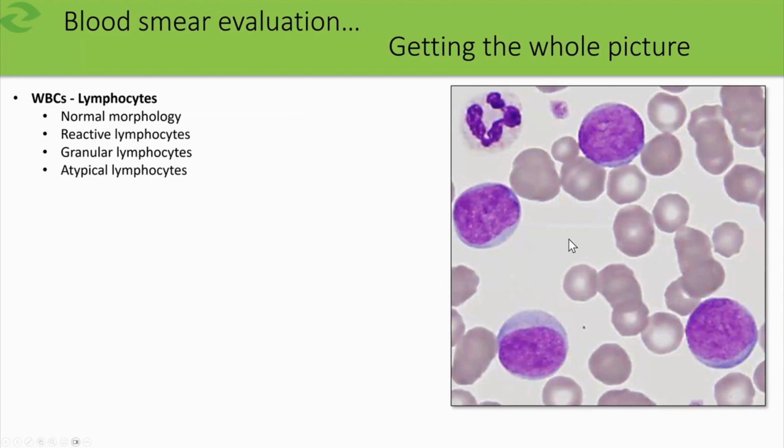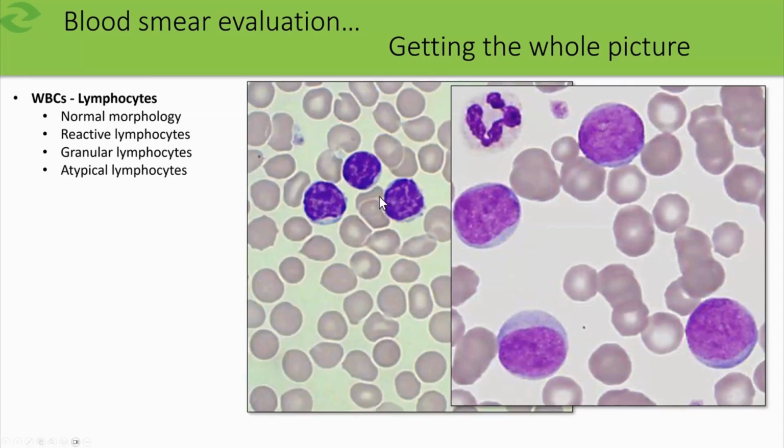Be worried about either lymphocytic leukemia or the leukemic phase of lymphoma, something along those lines. And just to show you a comparison, this is about the same magnification, showing how much bigger these are than these small mature lymphocytes, normal lymphocytes. Again, the automated analyzer will not pick this up.